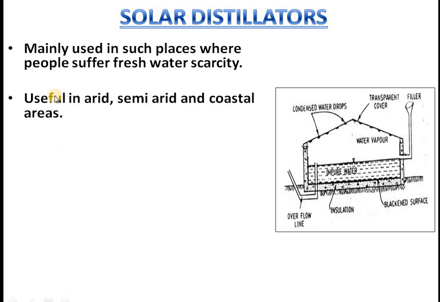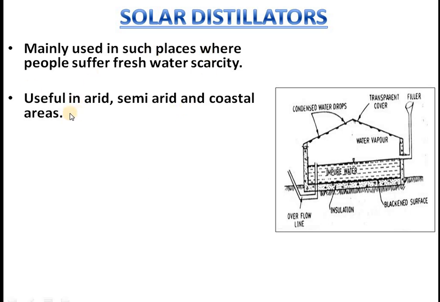It is given here: in arid and semi-arid places. Arid means a completely desert-like place, and semi-arid means partially desert, where good drinking water is not available. Of course, in coastal areas where drinking water is not available, one can use the same process.